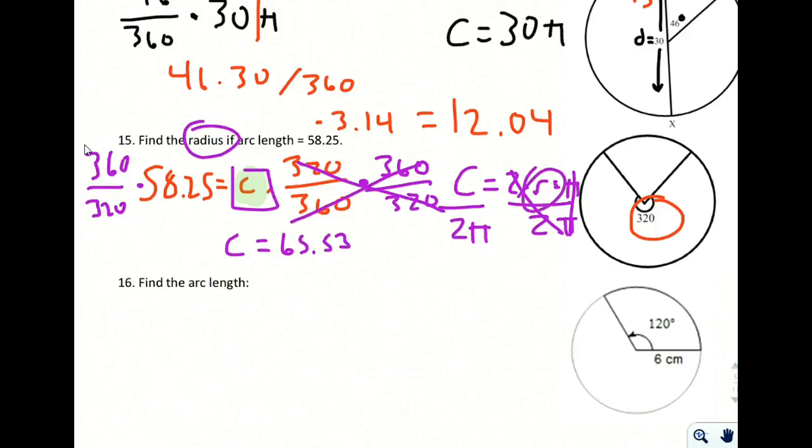So let's go ahead and divide this by 2 pi. So divided by 2, and then divided by 3.14. And we get 10.43. So our radius here is 10.43.